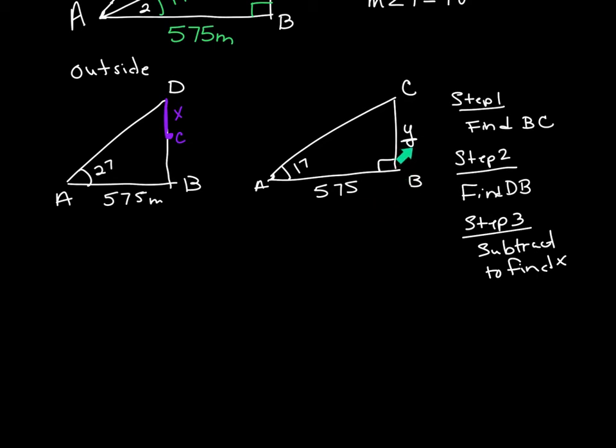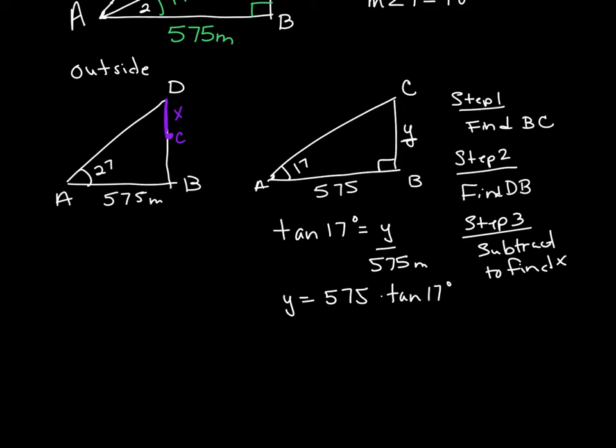Whenever you have adjacent and opposite, the trig function we use is the tangent, so the tangent of 17 degrees is equal to Y over 575 meters, or Y is equal to 575 times the tangent of 17 degrees.